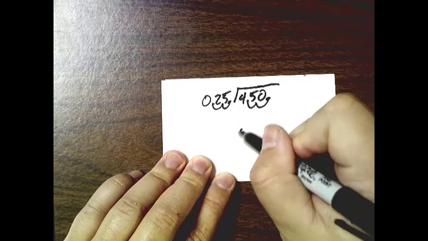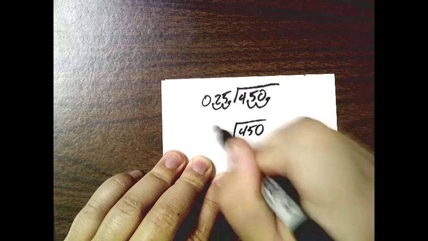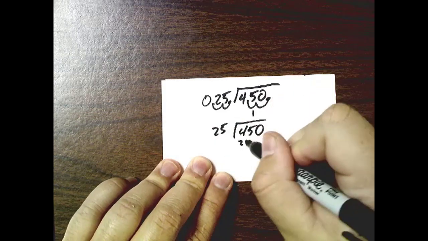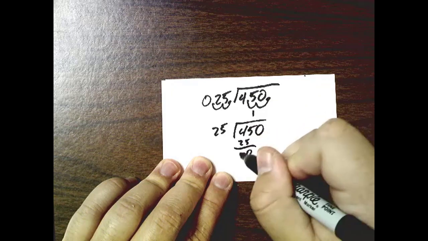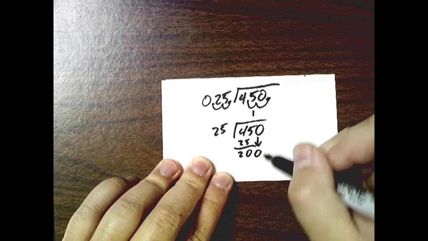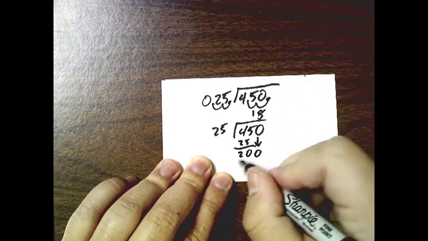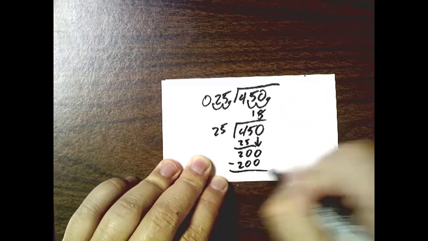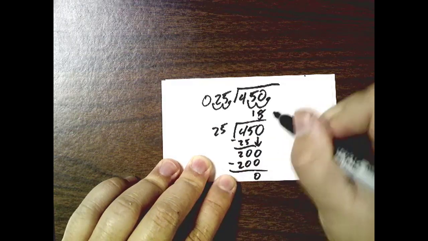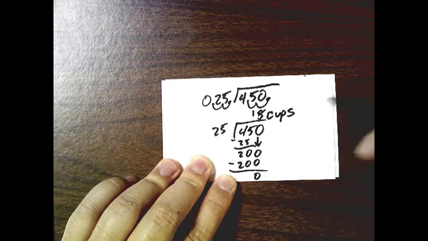So now I have 450 divided by 25. 25 goes into 45 one time. Drop the 0. 25 goes into 200 8 times, which gives me 200. Do my subtraction, and I wind up with 0. So therefore, she had 18 cups.